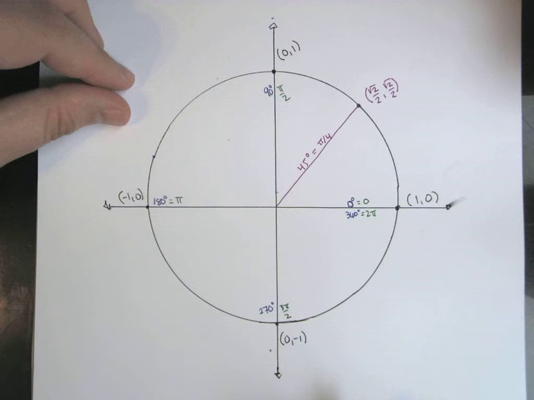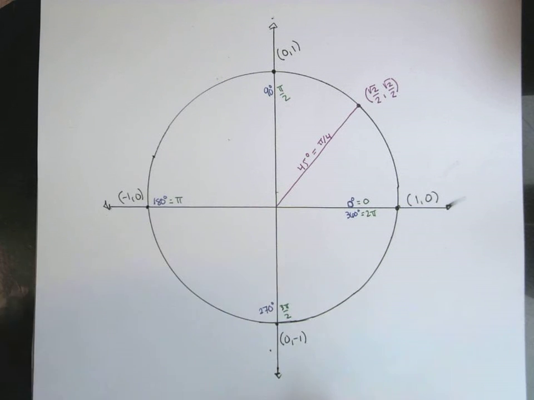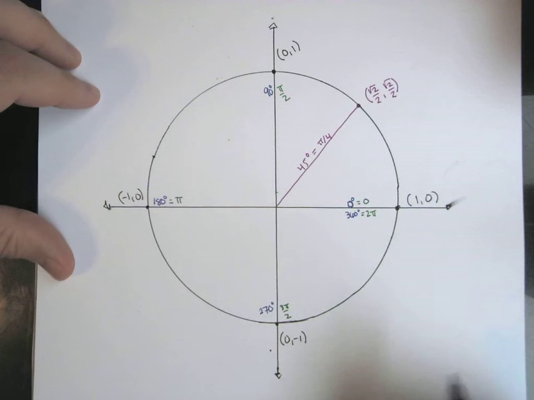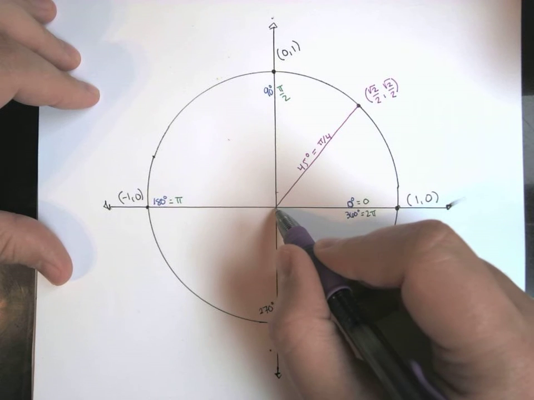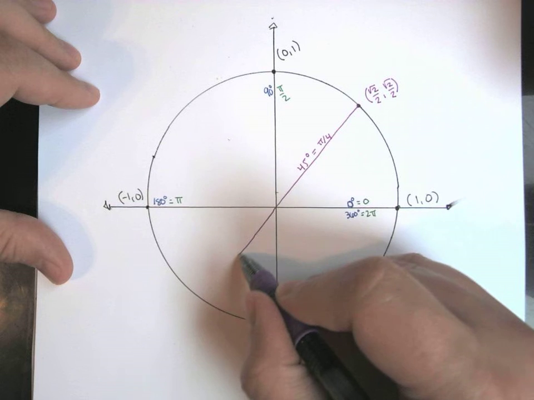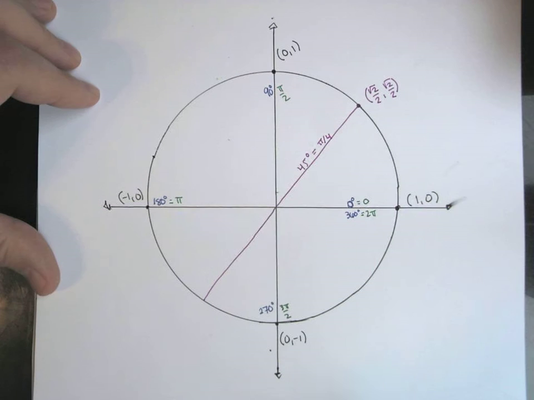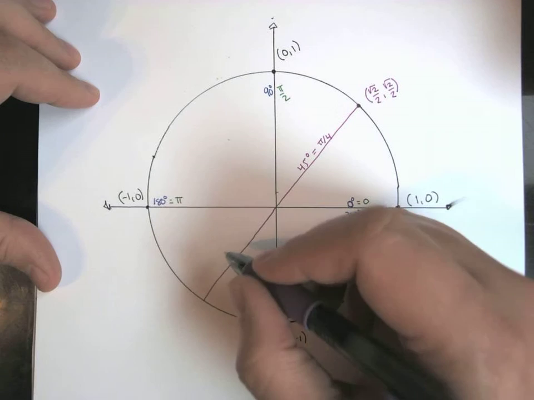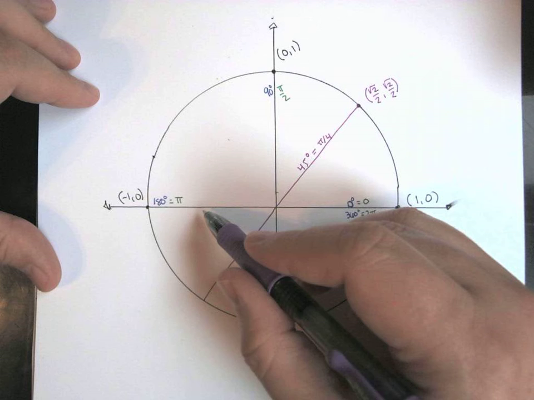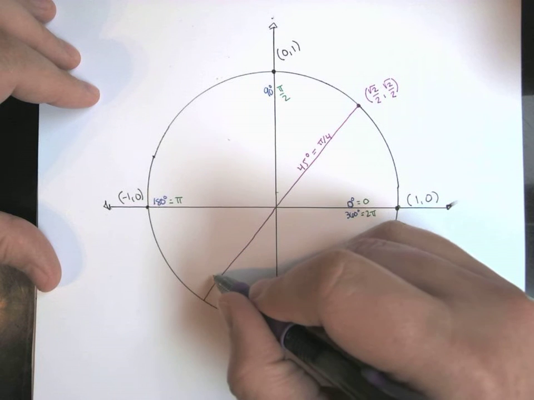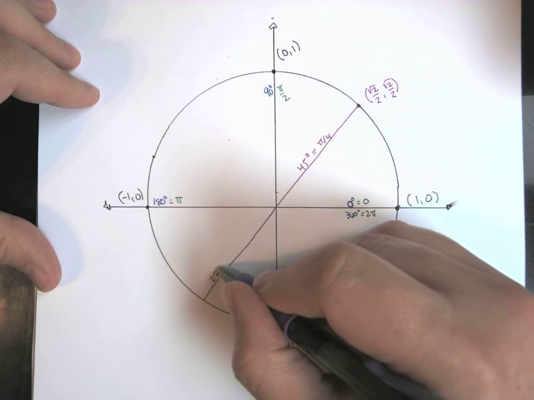What's interesting here is not so much that we're able to do that, but we can really visualize and see all the connections across the different quadrants. So for example, say I took this and went straight down and across. You'll notice in my circle, even though I took all this time to draw it, I kind of misplaced my x-axis a little bit, so my angles are not perfect. This is supposed to be 180 plus 45, so that would be 225 degrees.